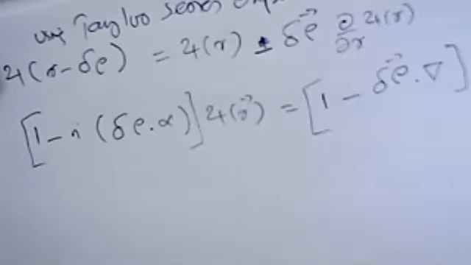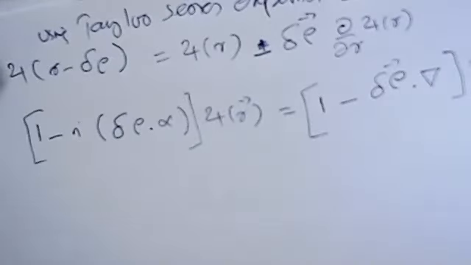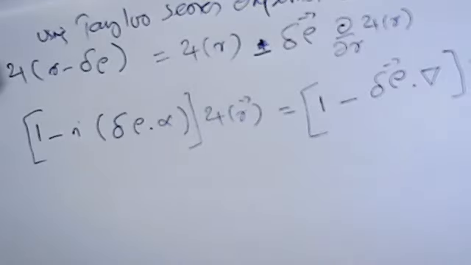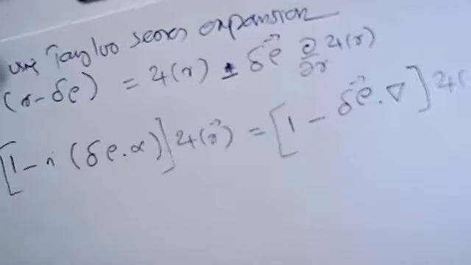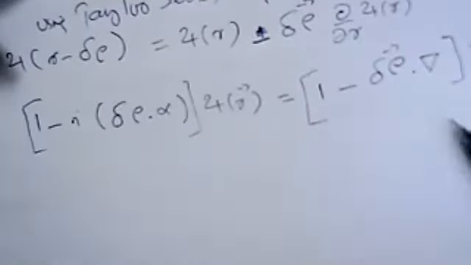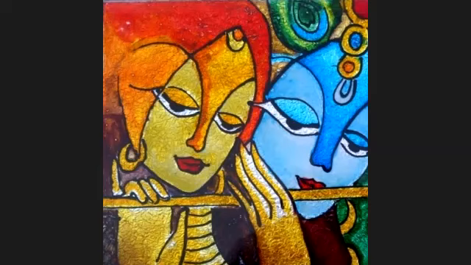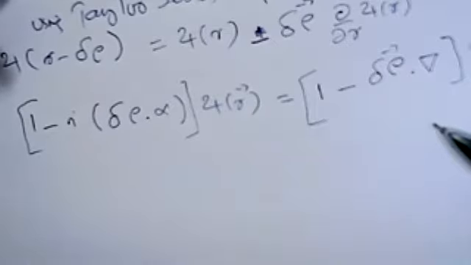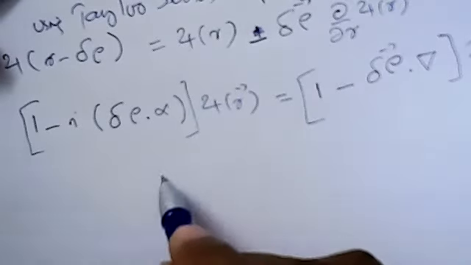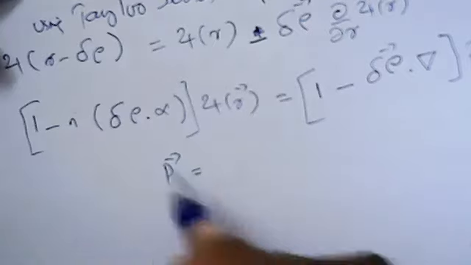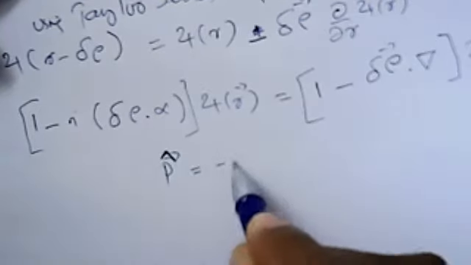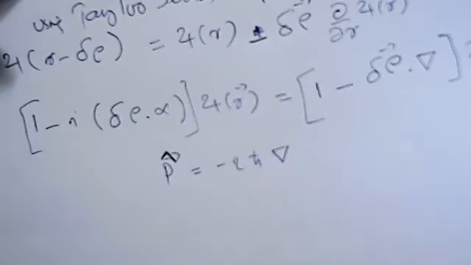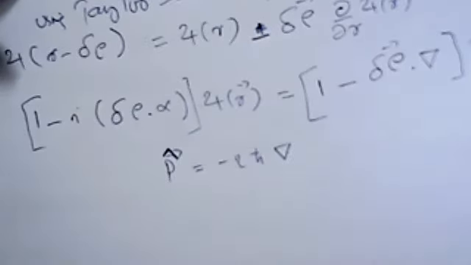Okay. Now this can be written as, we know what is linear momentum. We know linear momentum in coordinate representation, P operator is minus I h cross del. Okay.